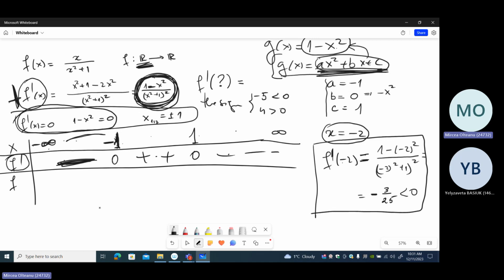And now what's the conclusion about the behavior of the function? On the first interval, it's decreasing, then increasing, then decreasing again. Now, let's see the values of f at the points -1 and 1. So here, please compute f of -1 to put here the value.